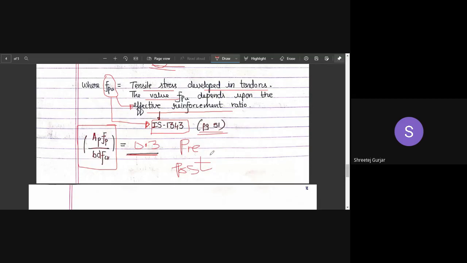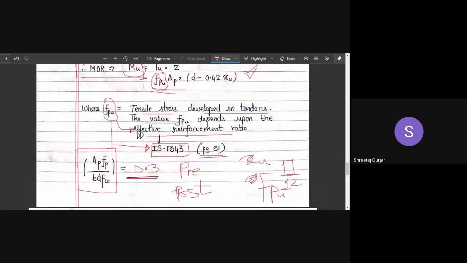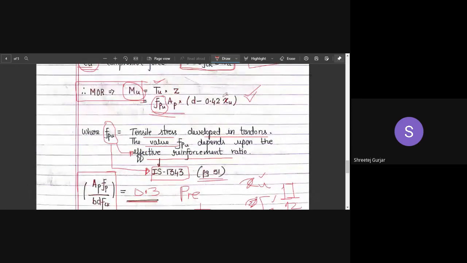For these values, you can calculate XU and you can calculate FPU from table number 11 or table number 12 from IS 1343. Once you get FPU and XU, you can substitute and get the moment of resistance. That was our aim: to calculate the moment of resistance.